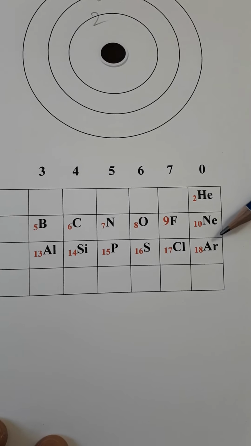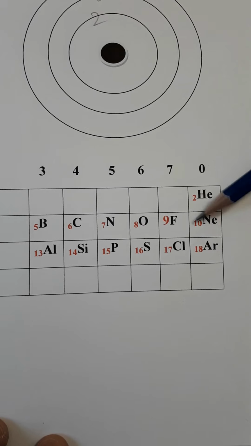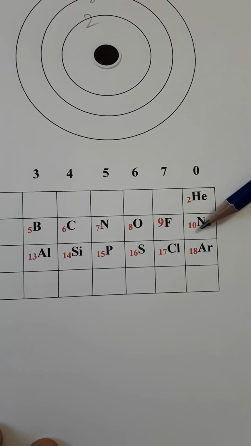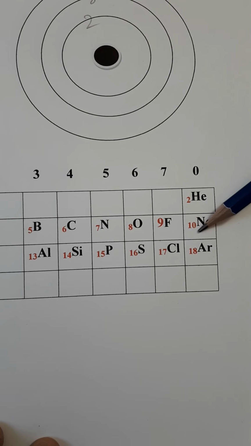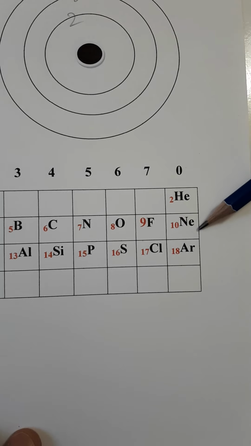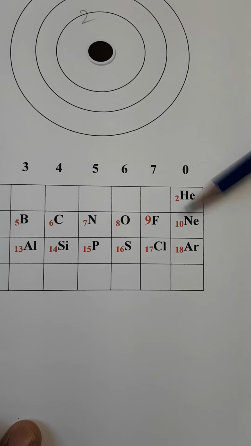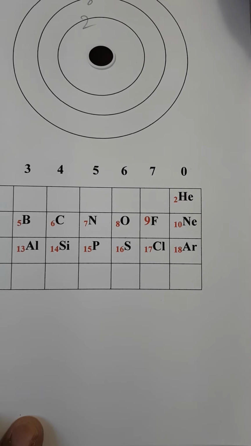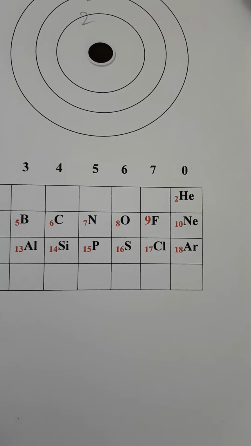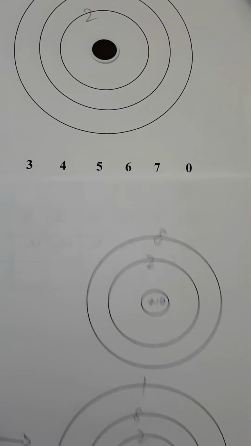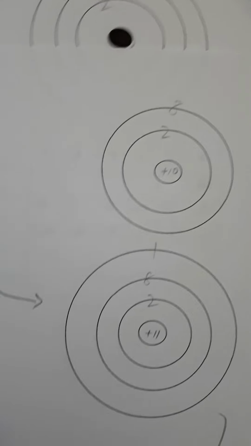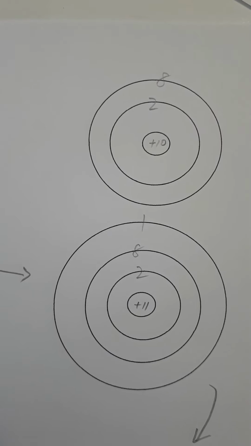If I can take your attention to this neon atom, it has 10 protons in the nucleus and 10 electrons going around it. 2 of the electrons are in the first shell and 8 electrons are in the second shell.